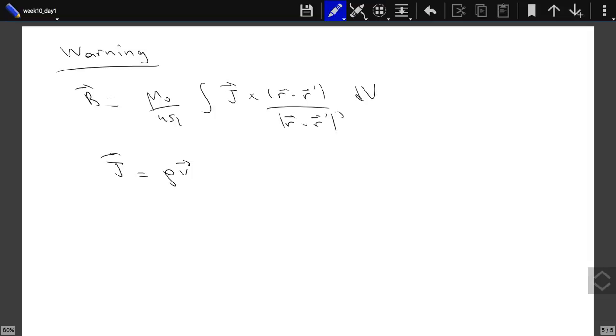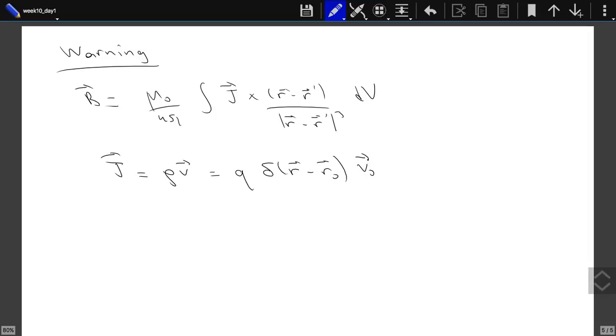Now, if we have a point charge, then rho would be just Q times the Dirac delta (R minus R0), times V, let's call it V0. We have a particle at the point R0 at a given time, with a velocity V0 at that time.